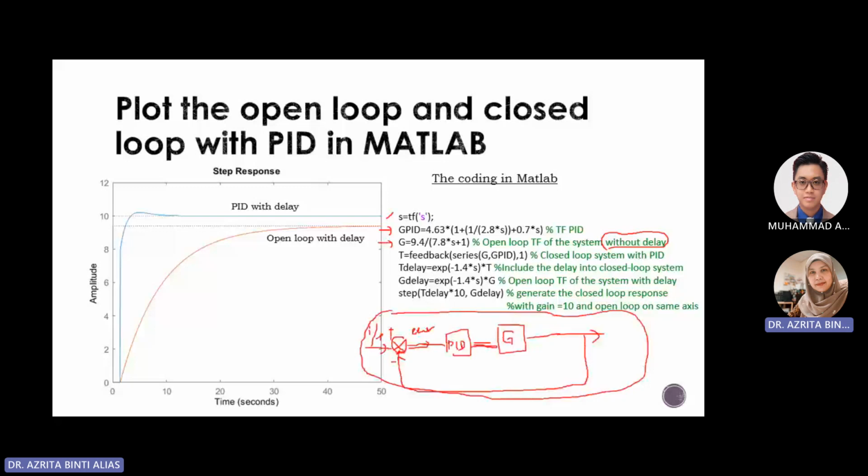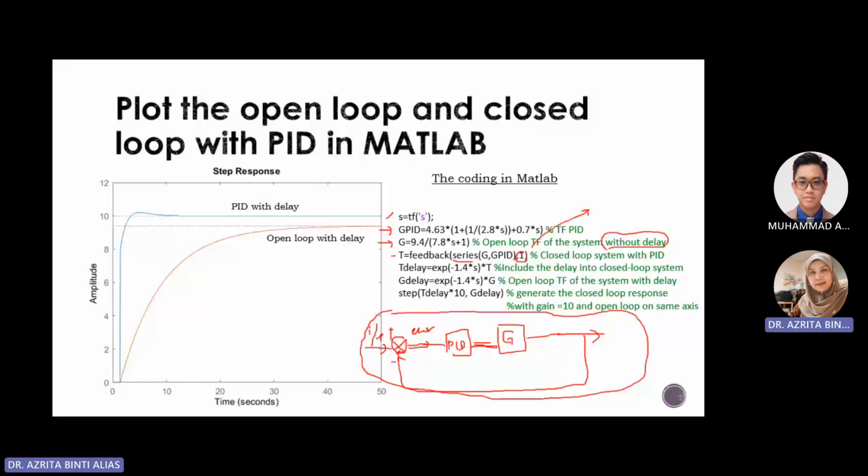Before we can do the feedback, we need to put the PID and G in series. So the coding here is series G and GPID, and then 1 here refers to the feedback. Since our feedback is a unity feedback, we just represent it with 1.